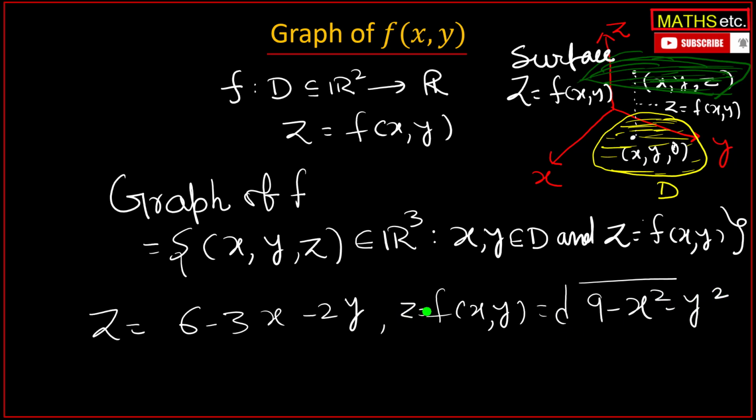Again, this one is a surface because its form is z equals a function of x comma y. Or say z equals x square plus y square. All these three are examples of surfaces which are actually geometrical interpretation of graph of a function of two variables.